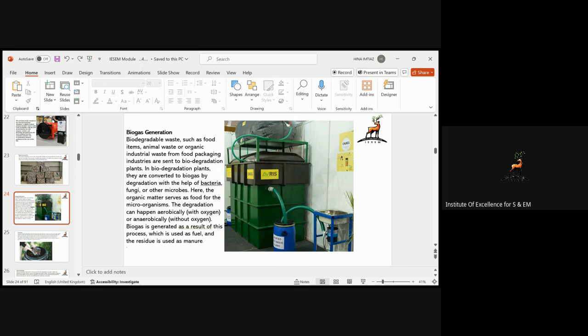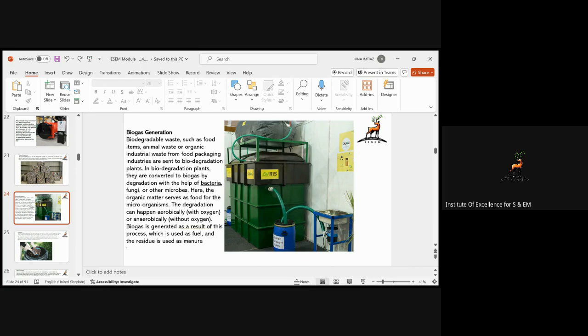With the help of microbes, you can produce biogas and resolve the energy crisis. It is very much the need of today that we invent such methods through which we can produce energy.